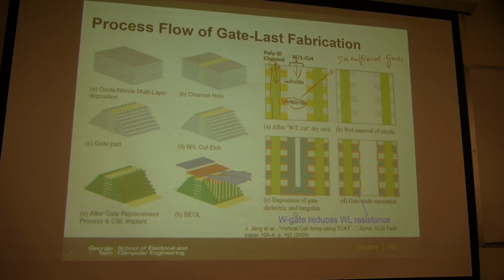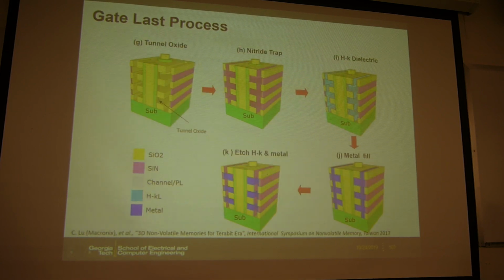For example, your charge trap layer, and then the tungsten as the metal gate, and then you refill the gate, because this gate region is open here, and then you need to refill it.